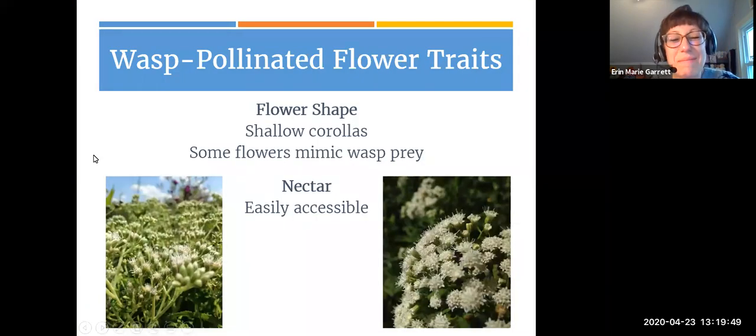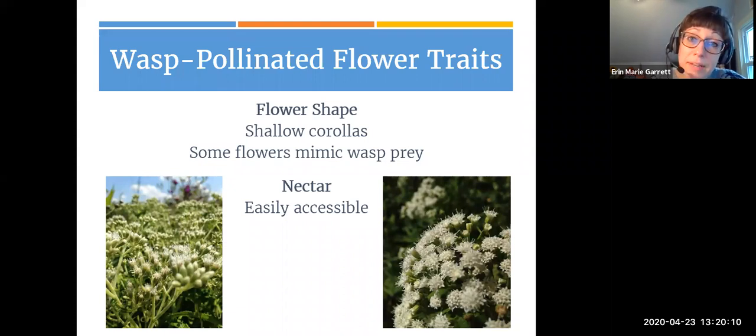Okay, when it comes to wasp-pollinated flower traits, what are they looking for? Oftentimes, we're going to find lots of small flowers arranged in a large head, okay? And all of these flowers are going to have shallow corollas. So the corolla is the part of the flower that's the arrangement of the petals, okay?